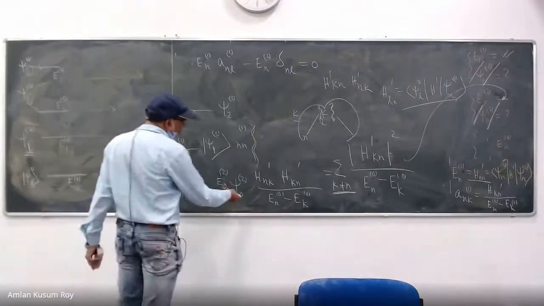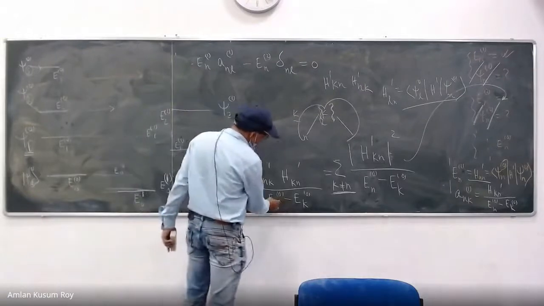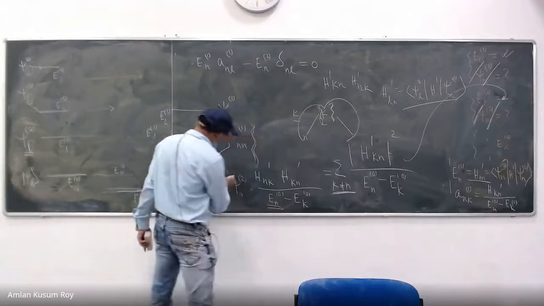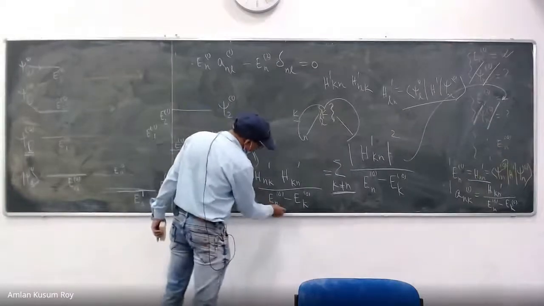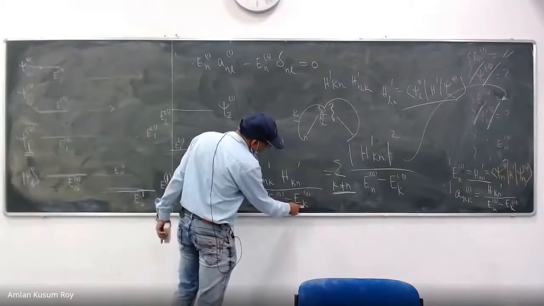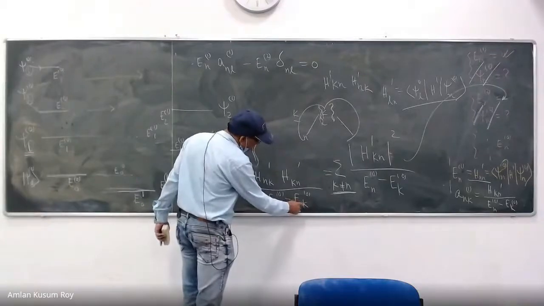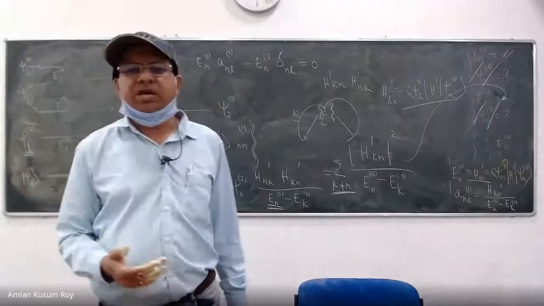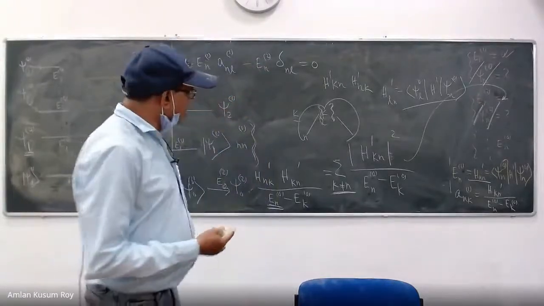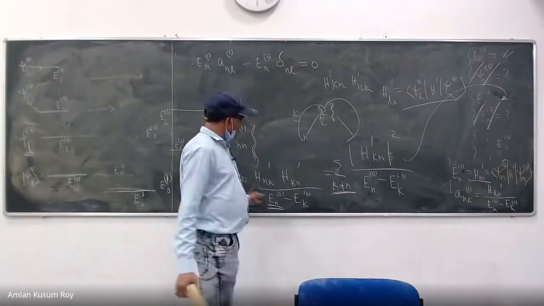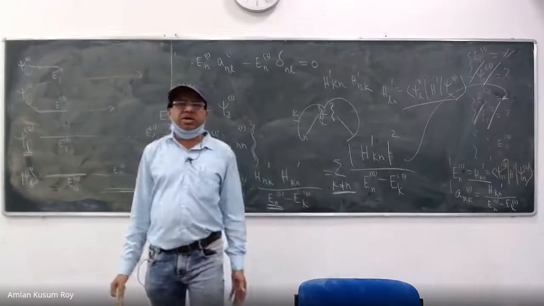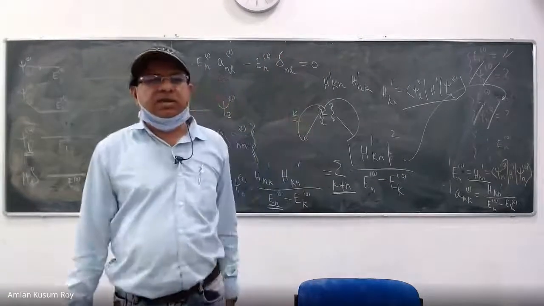So if I do this, you can see that En0 minus Ek0, and you are considering the second order perturbation in the nth state. Where is the energy difference? Ek0. You see that Ek, what are Ks? The higher states, right? K is not equal to n. Remember that expression? I have erased. So if Ks are not equal to n, that means Ks are definitely higher states.